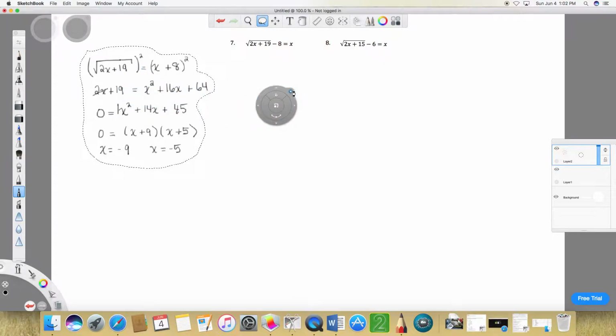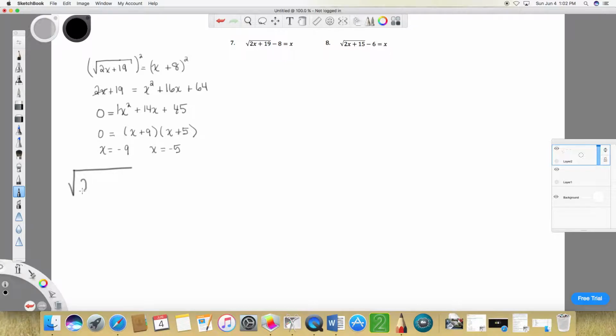All right. So let's check this -9. On the left-hand side, we have the square root of 2 times -9 plus 19, minus 8. And the big question is, will that equal x? Well, we said that x was -9.